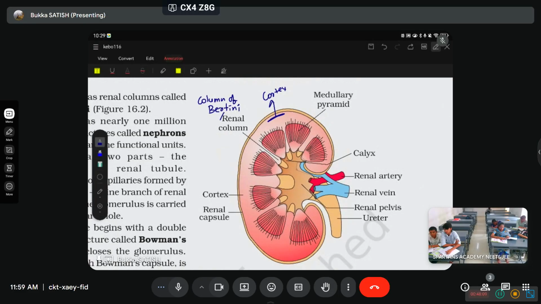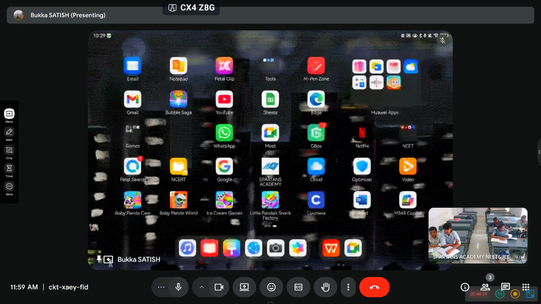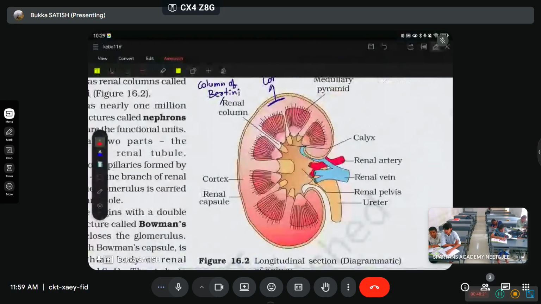Okay. Next, each medullary pyramid, look here, each medullary pyramid is opening into one tubular structure. See this, I'm just highlighting it in red.